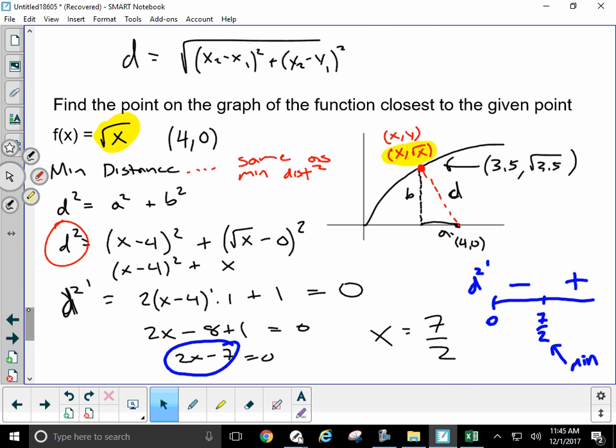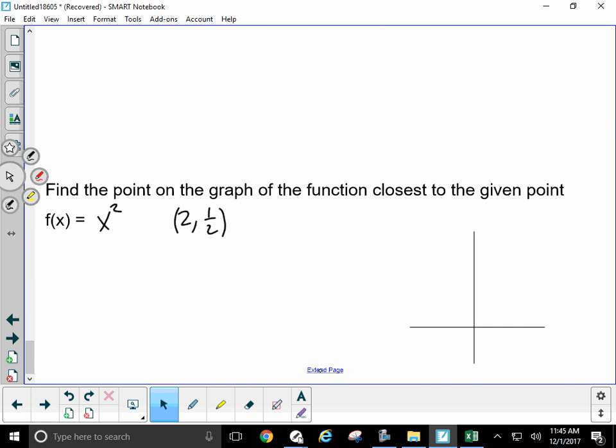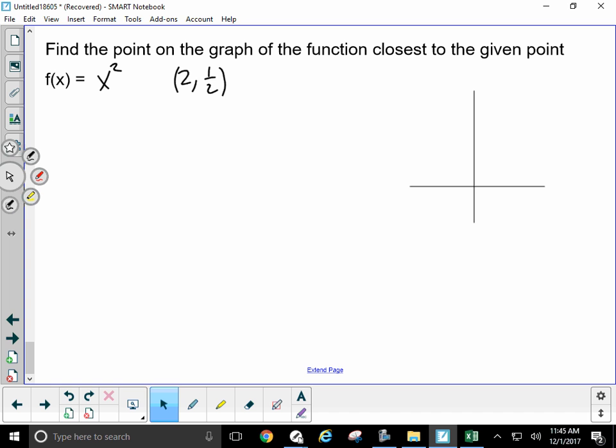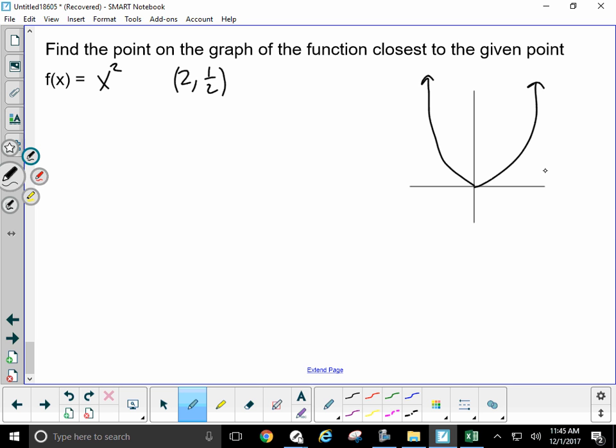Okay, let's do the same type of question, only now with the function x squared and the point (2, 1/2). Which point on the graph of x squared is closest to the point (2, 1/2)?